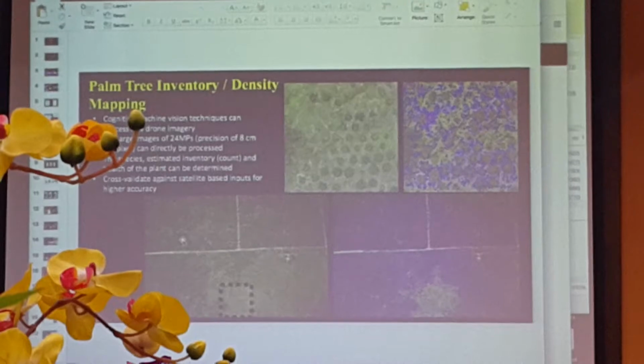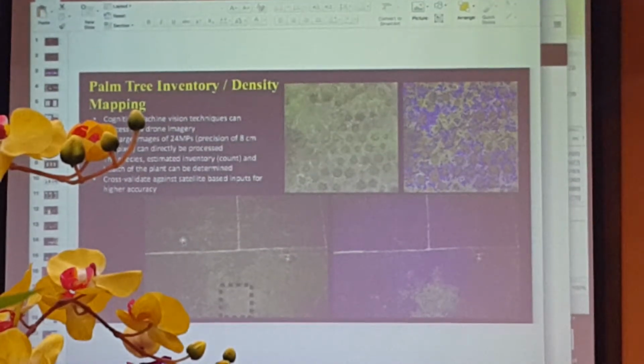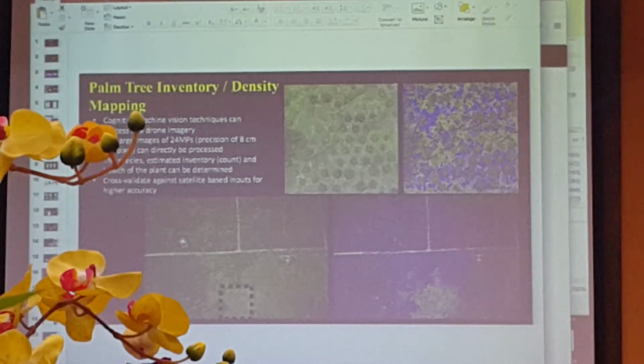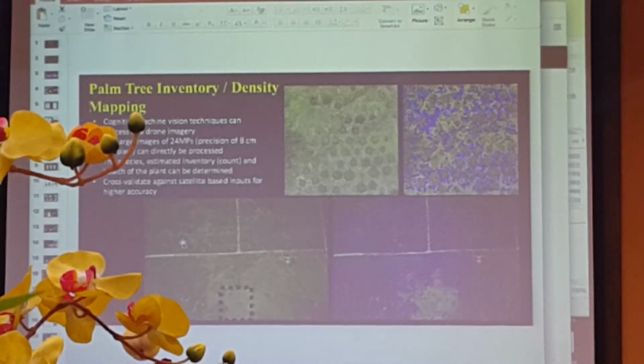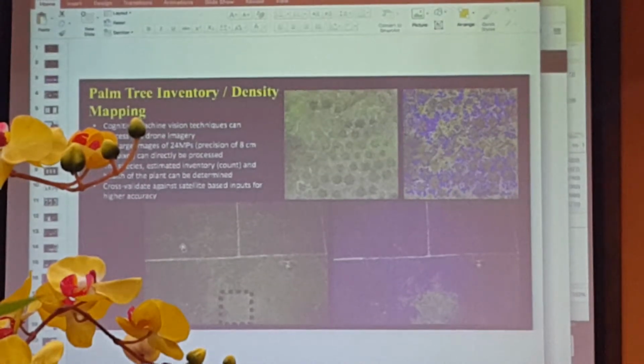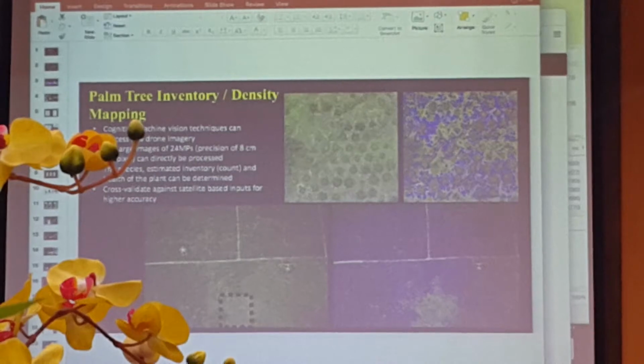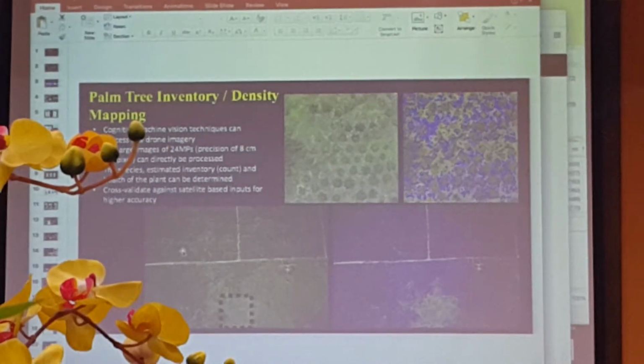Yes, good question. That accuracy also depends on the stage of the crop. If the crop is pretty much ready for harvest, then the accuracy can be almost 90 to 95%.